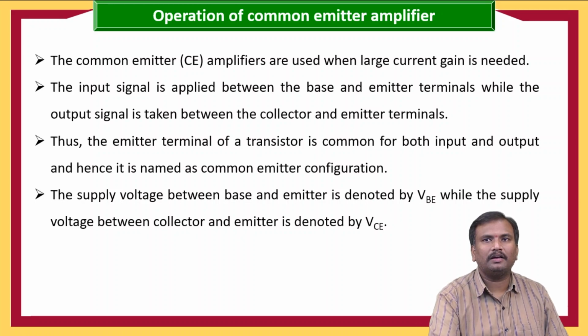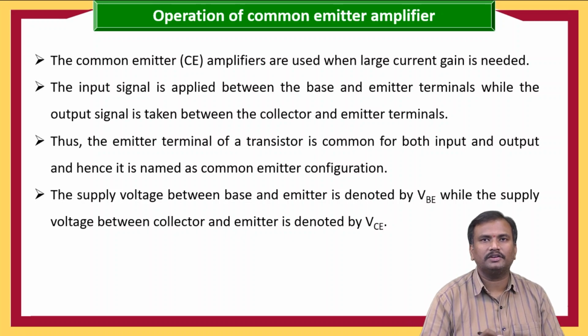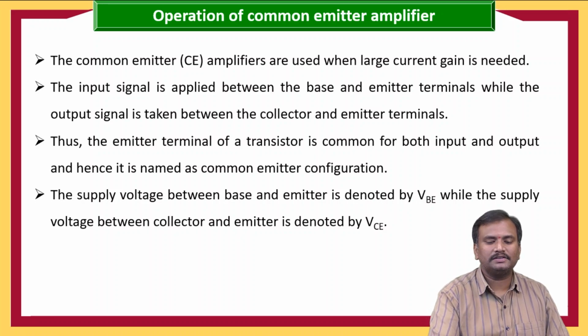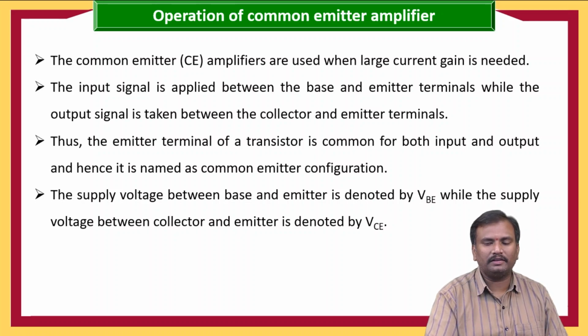Thus, the emitter terminal of the transistor is common for both input and output, and hence it is named the common emitter configuration. Here the supply voltage between the base and emitter is denoted with VBE, while the supply voltage between collector and emitter is denoted with VCE.